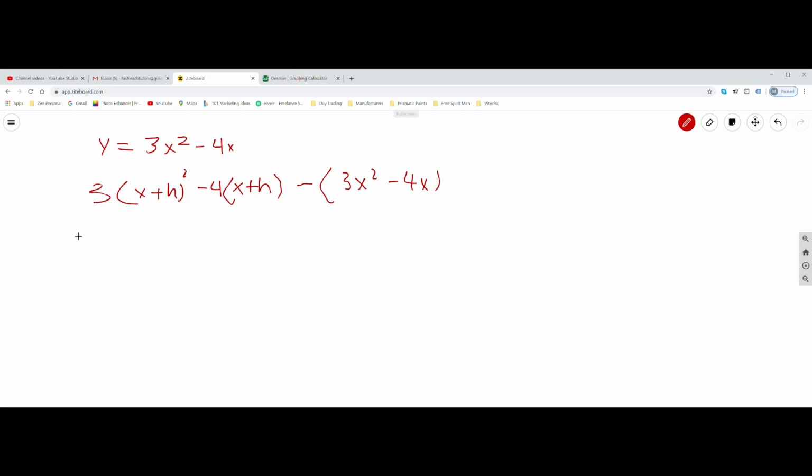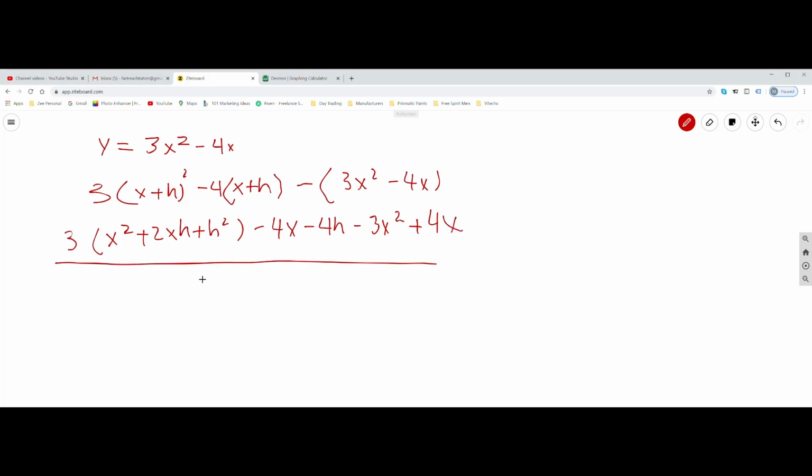So this comes up to 3x squared plus 2xh plus h squared minus 4x minus 4h minus 3x squared plus 4x over h.